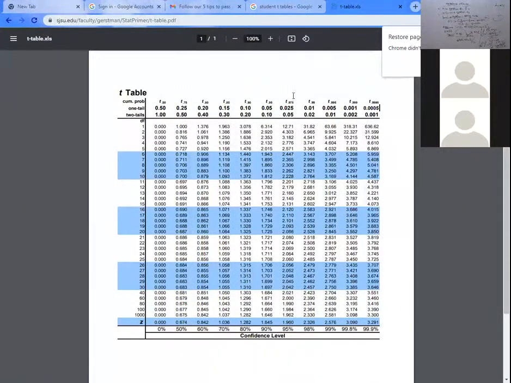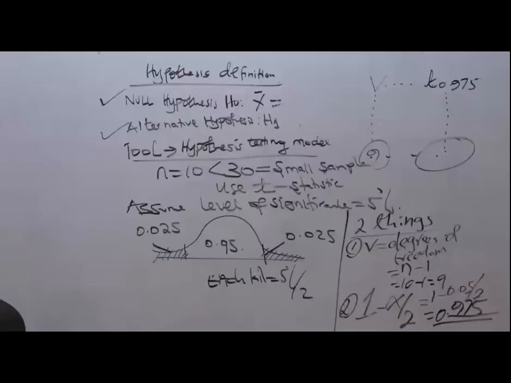So when you work with this T.975, you can see degrees of freedom here up to 9. When you come here, you'll be able to see the 2.262 like that. So all of us, ladies and gentlemen, are we together as pertains to this 2.262? Have we been able to see that? I would really appreciate your feedback.